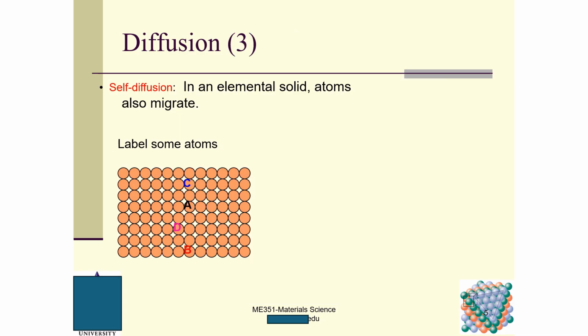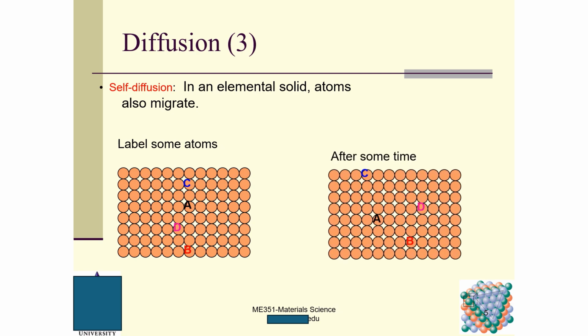Then we talk about self-diffusion. In an elemental solid, atoms also migrate. If you label some atoms A, B, C, and D, then after some time you can see C moves to here, A moves here, and B and D move to different locations.